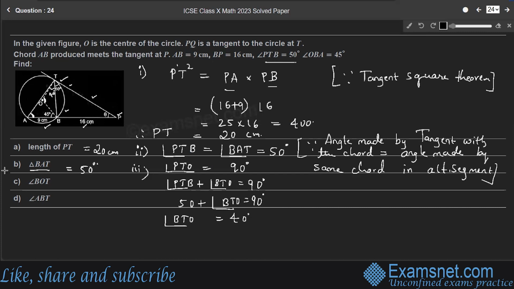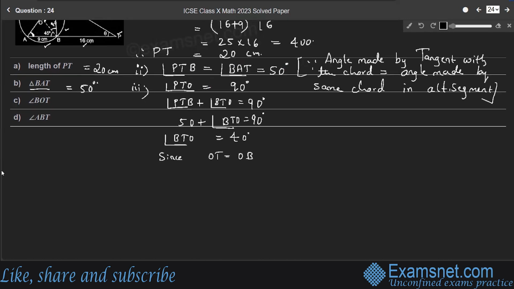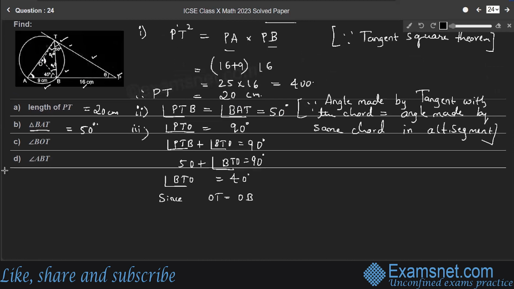Since OT is equal to OB, therefore OBT is also 40 degrees. So, we'll consider that one. Since OT is equal to OB, their opposite angles are equal. Therefore, angle BTO is equal to angle OBT is equal to 40 degrees.